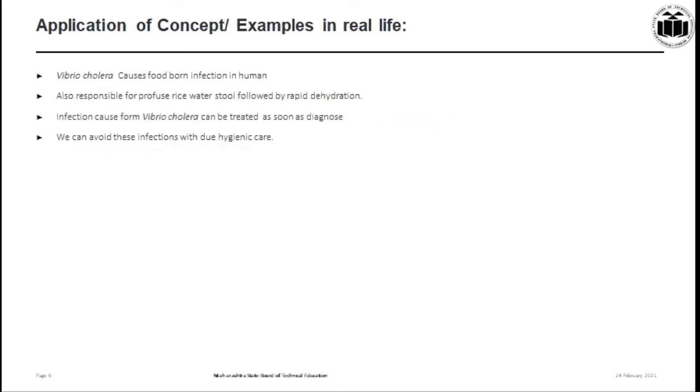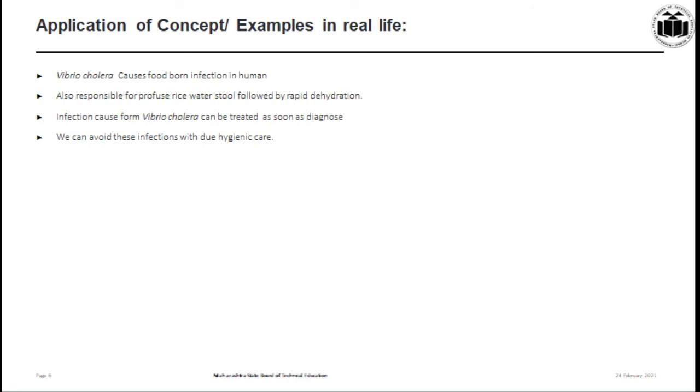As an application of this concept, you must know that Vibrio cholerae causes foodborne infection in humans and is also responsible for a specialized type of dehydration, that is profuse rice water stool followed by rapid dehydration.